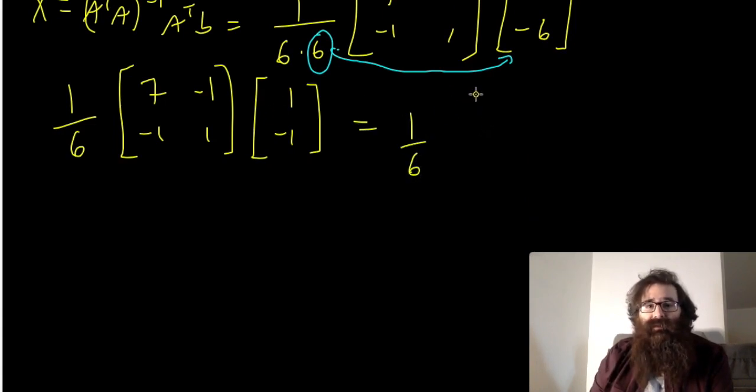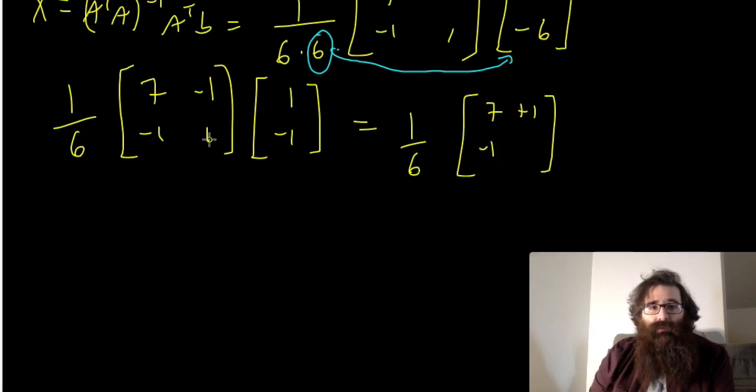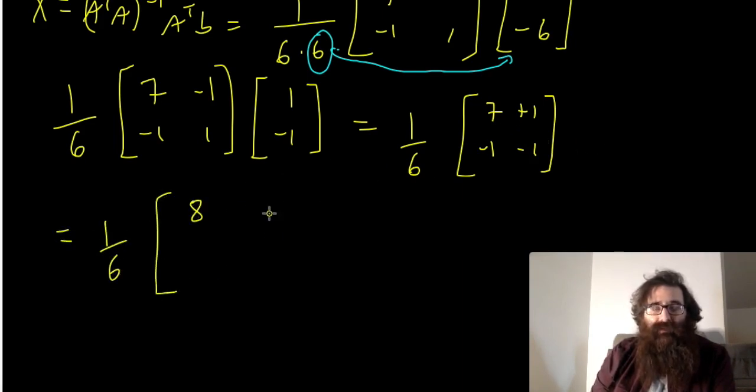If I multiply these together, I get 7 times 1 gives me 7, plus -1 times -1 gives me 1. -1 times 1 gives me -1, plus 1 times -1 gives me -1. So I'm going to get 1/6 times the vector 7 plus 1 is 8, -1 minus 1 is -2.